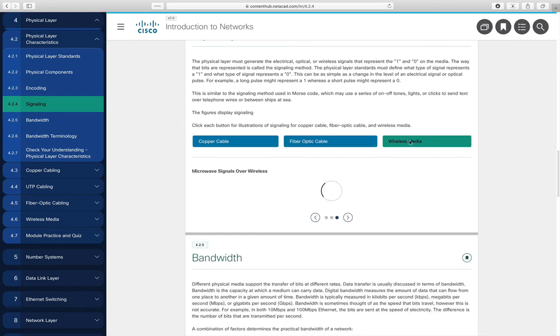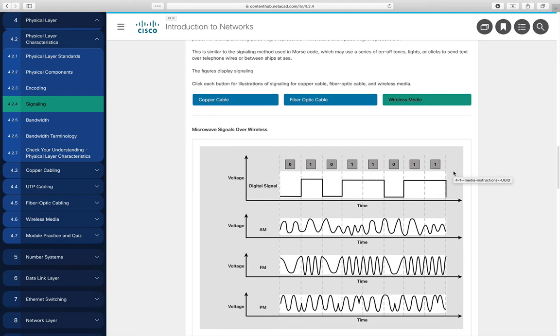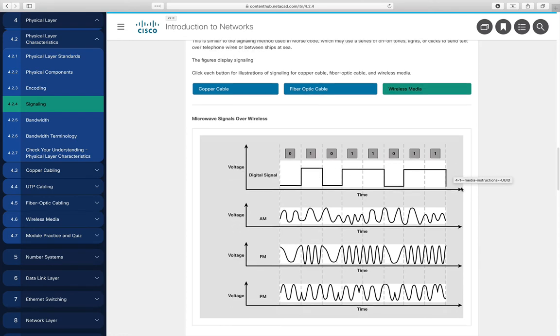And then if we talk about wireless, we have radio waves, and we have a digital signal that we want to send that's ones and zeros, and we have different ways we can do that. A couple of these sound like what you might have on your radio. We have AM, which is amplitude modulation. By modulating the amplitude of the wave, we can represent the ones and zeros in our message.